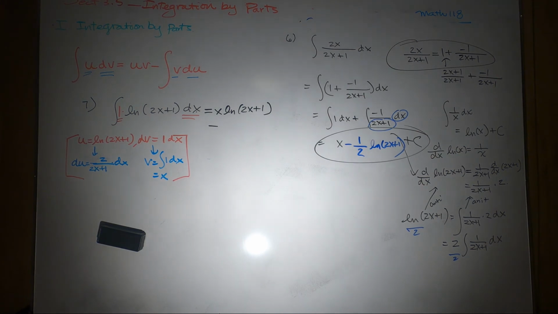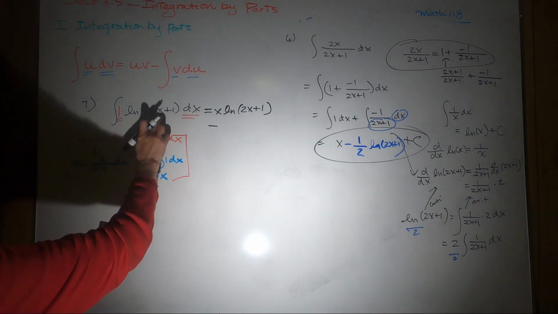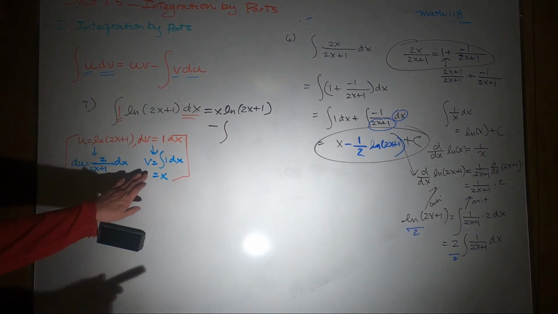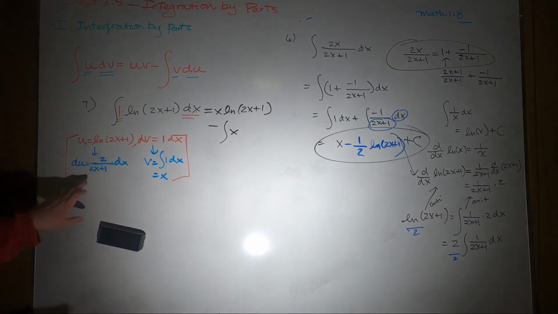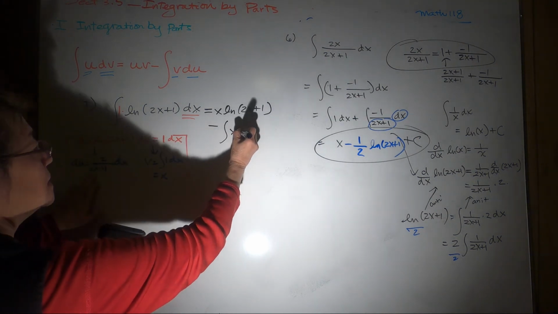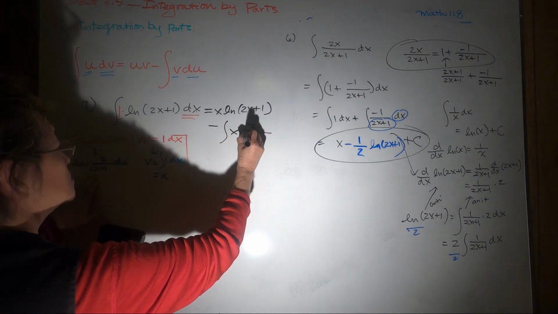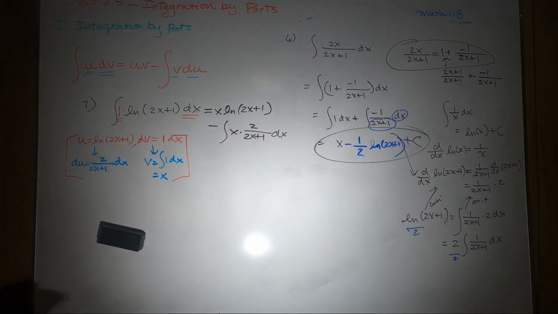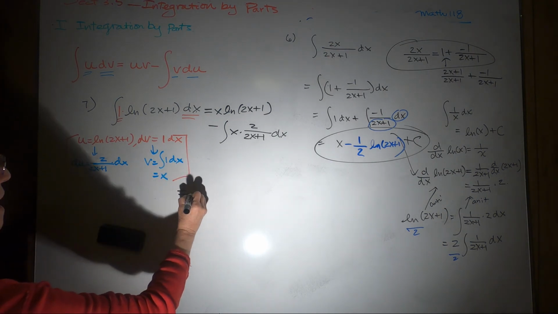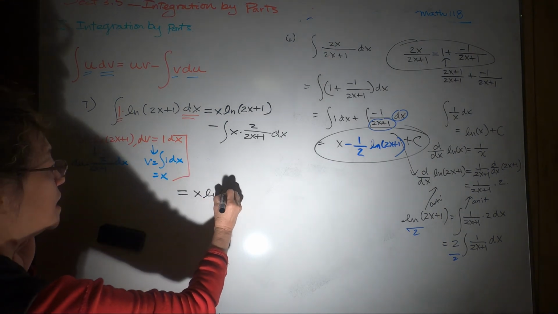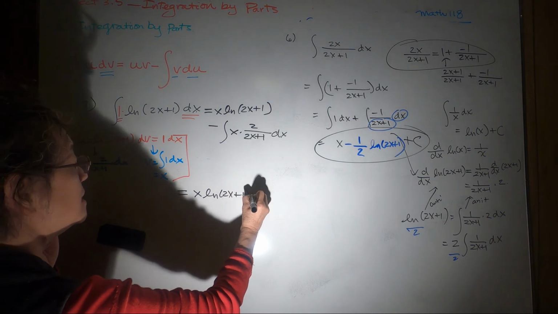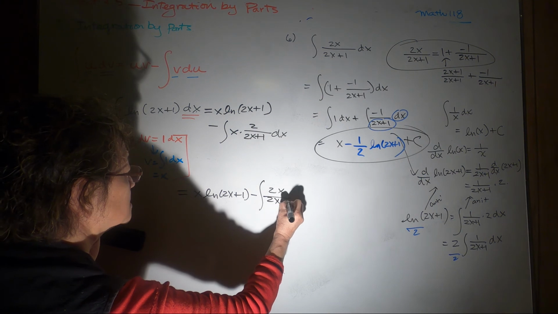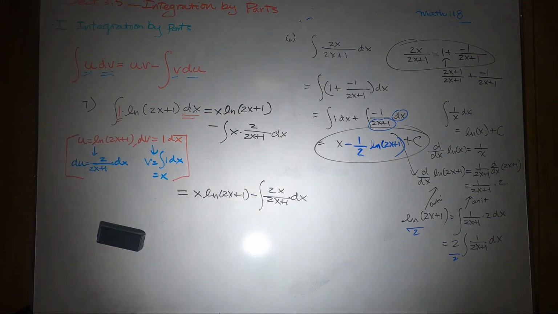Minus the integral of v and du. Your v is what? x. And your du is what? 2 times 1 over 2x plus 1 dx, right? So it becomes x natural log 2x plus 1 minus the integral of 2x over 2x plus 1 dx.